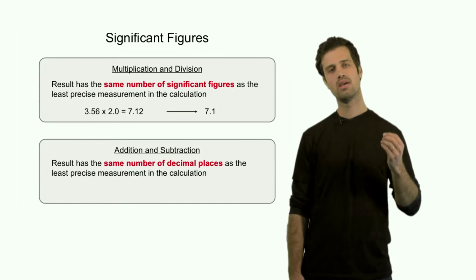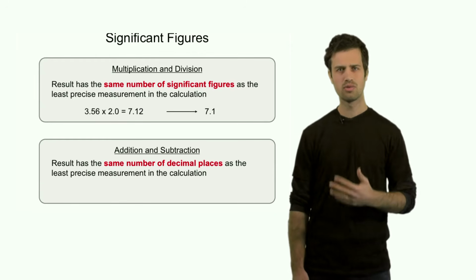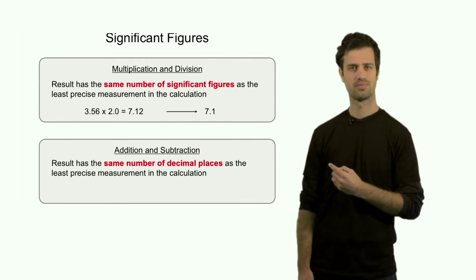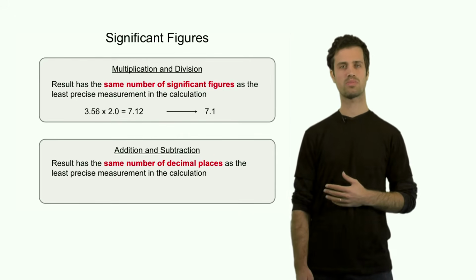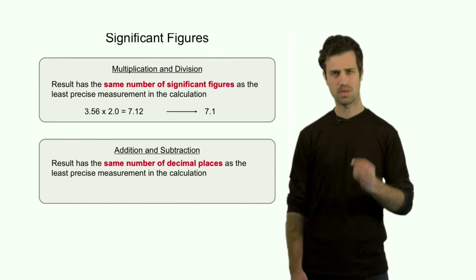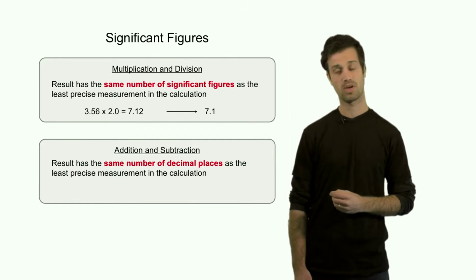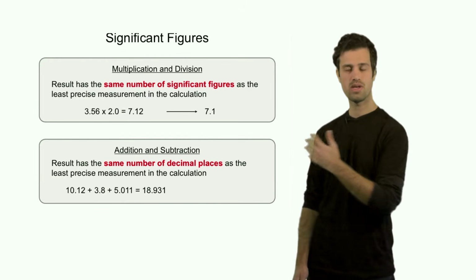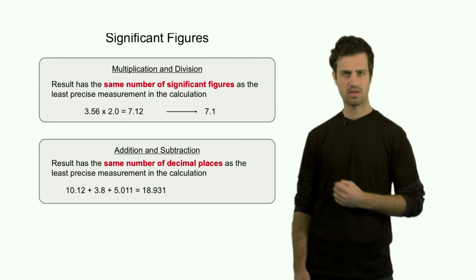Now if you do an addition or a subtraction, the rule is slightly different from the rule that we applied above. In this case, the result should be expressed with the same amount of decimal places as the least precise measurement in your calculation. What does that mean? Well, let's look at this. Here I try to add up 3 numbers. Each number has a different amount of significant figures.